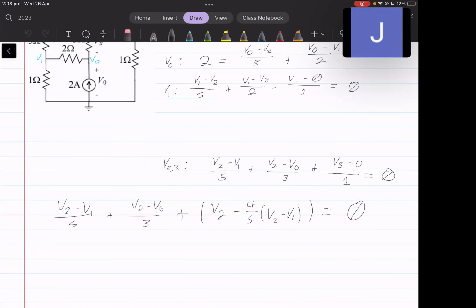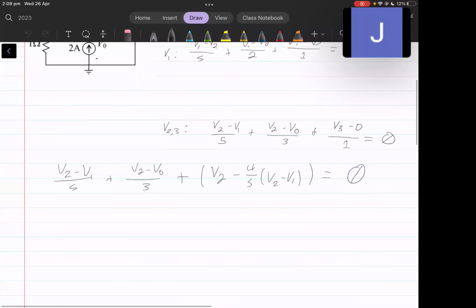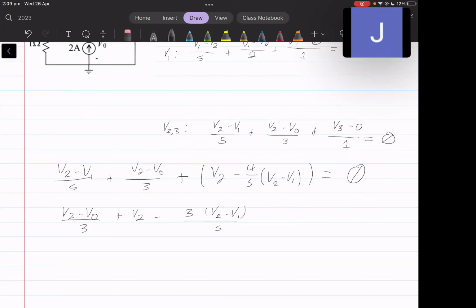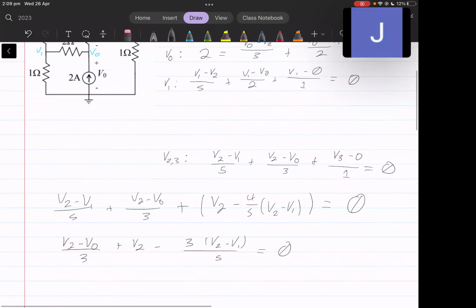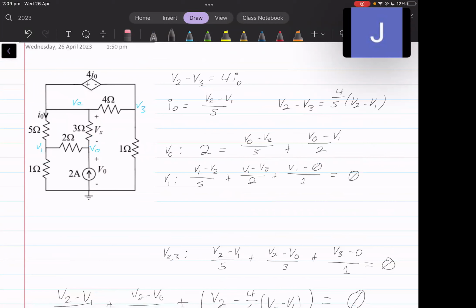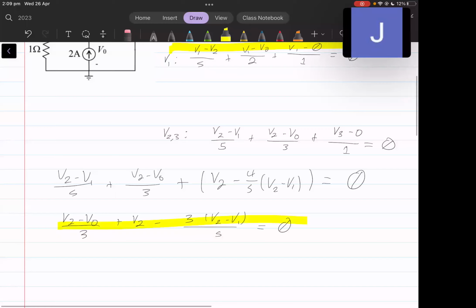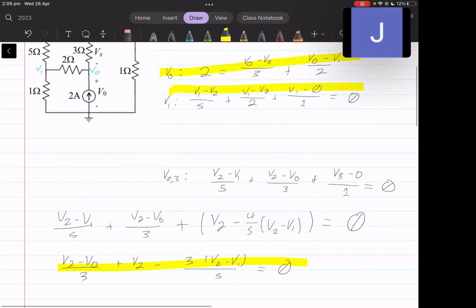Yeah, so this should simplify down to V2 minus V0 on 3 plus V2 minus 3. So then now we have the 3 equations in terms of V0, V1, and V2.